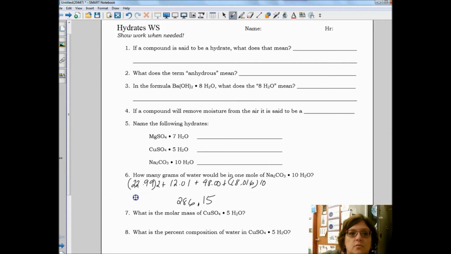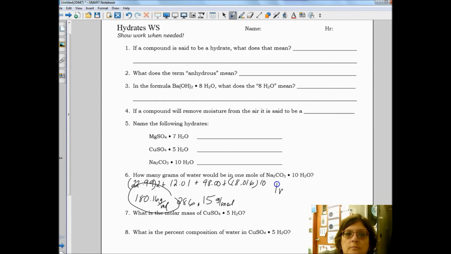Well, the part that's due to the water is 180.16 grams per mole. So if you have 1 mole, the amount that is due to the water is 180.16 grams.